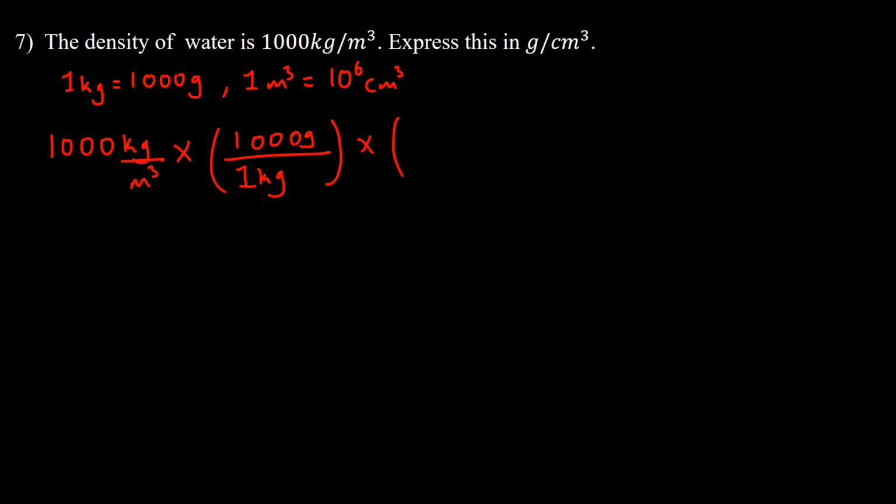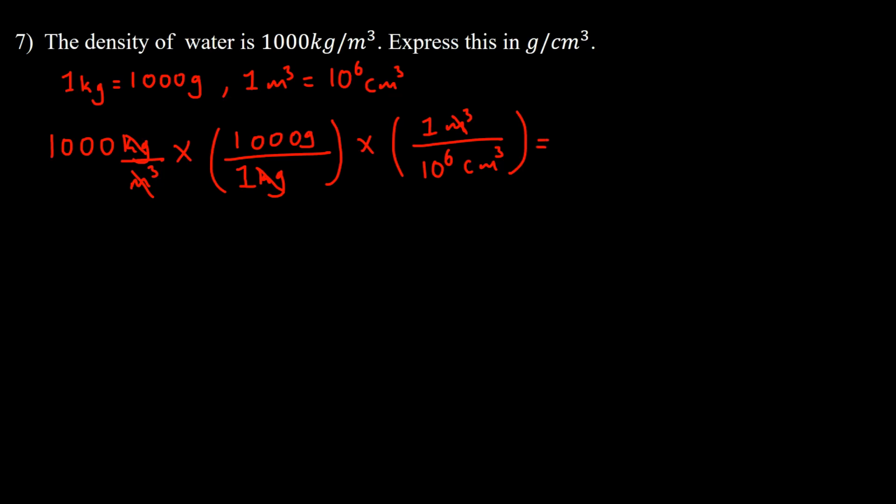We want to cancel out the cubic meters, so the cubic meters should be on top, and then down there we can have 1 million cubic centimeters. So now the kg and the kg can cancel out. The cubic meters and the cubic meters can cancel out. And the only units that we have remained with is just a gram and the cubic centimeters.